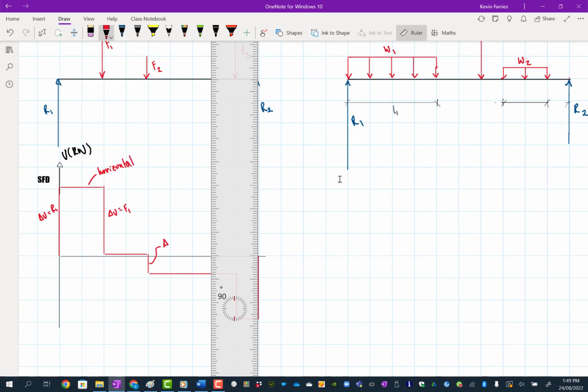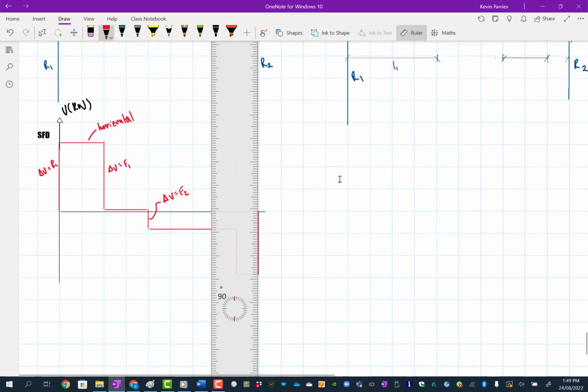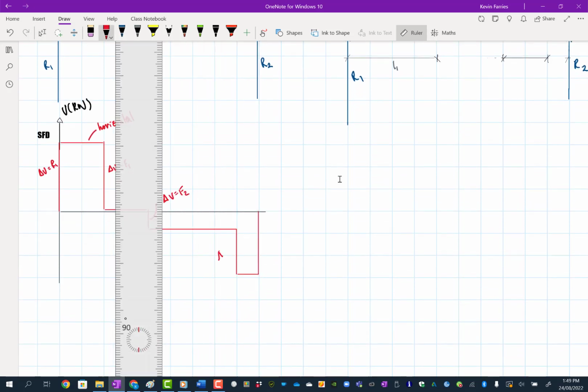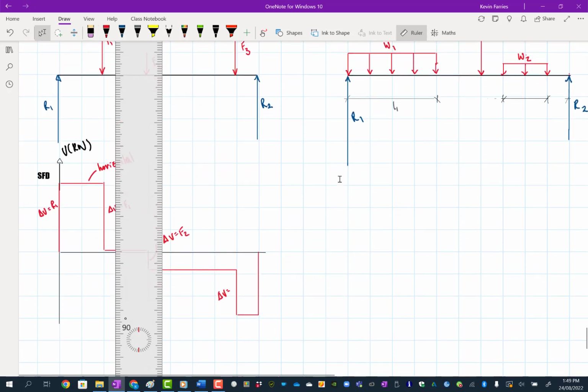Okay, and we can keep going through. Change in shear is equal to F2. And it's both the magnitude and the direction. Here, change in shear. Oops, I think I'm doing that upside down. No, it is delta. Change in shear is equal to F3. And the last one, the change in shear, magnitude and direction, is equal to R2.